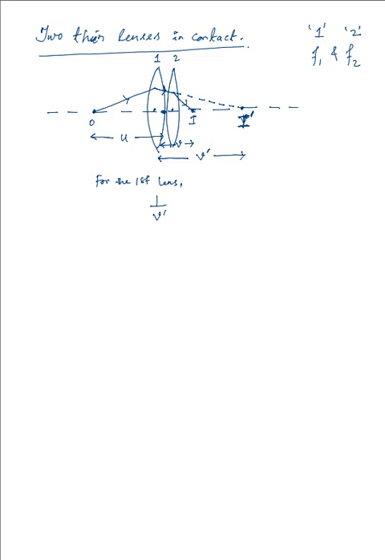So for the first lens, we would have 1 over v dash minus the reciprocal of the object distance 1 over u, and that would be equal to its focal length, 1 over f1. But we also have the second lens to consider. So for the second lens, the image is formed at the point I, which is 1 over v.